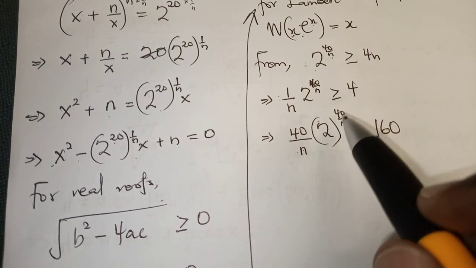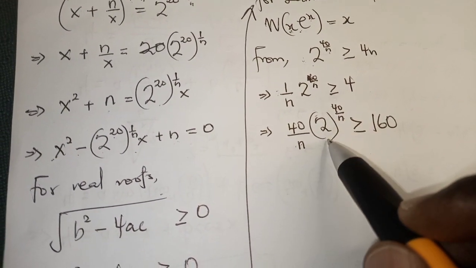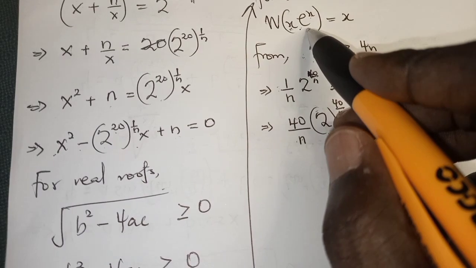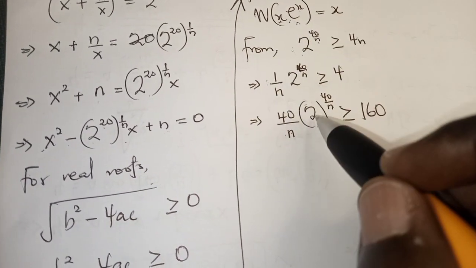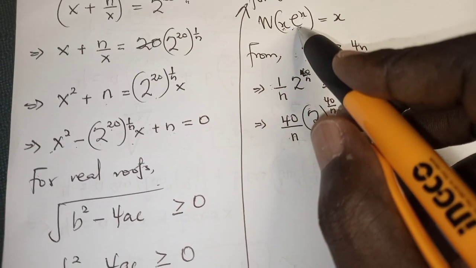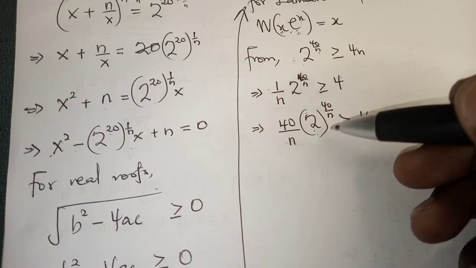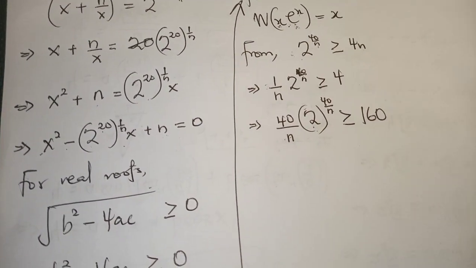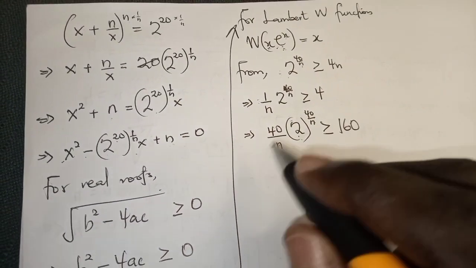So here and here, now they are the same, but the problem is we do not have our e, so we have to express the 2 in terms of e.